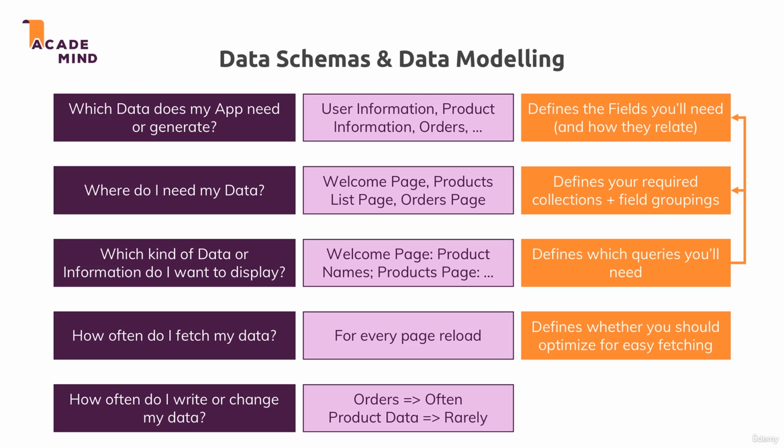Product metadata, on the other hand, might be distributed across different collections because, well, you don't change it that often. So if you change it, you have to touch multiple collections, but that's no problem. The main focus is that you can fetch that data from the different parts of your application in the format you need it. So these are some things for you to keep in mind or to think about.